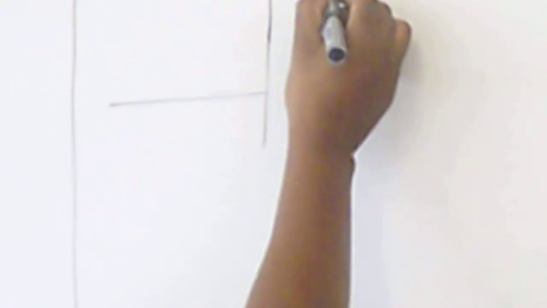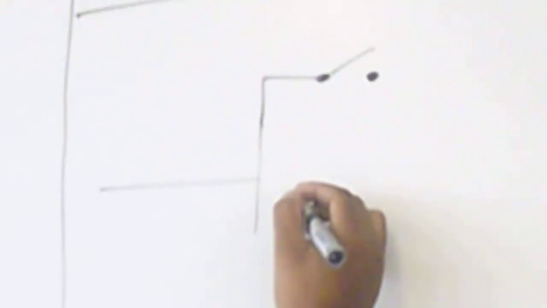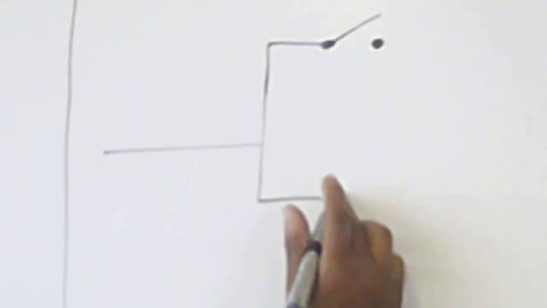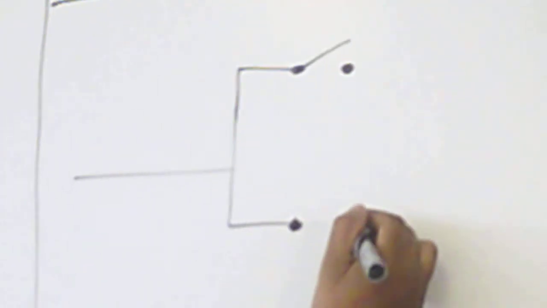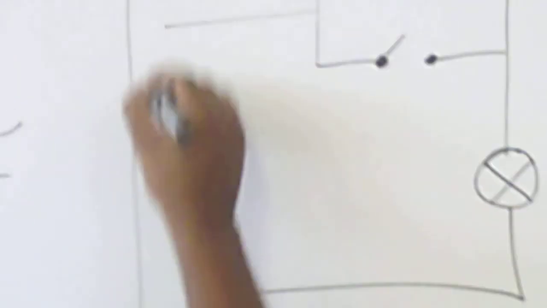We'll have a switch here, another one here, and then our light can be placed here. And then we have positive and negative.